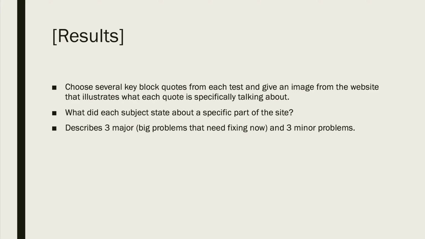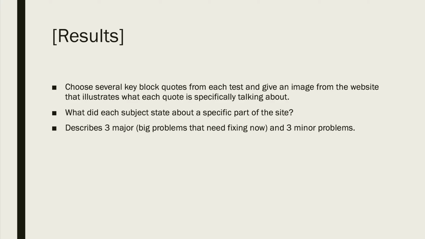This is why you use the think aloud, so you can get the verbal responses, and you need to include those verbal responses as well as a screenshot to demonstrate what the participant is looking at as they're going. And then be sure to include what the subject stated about the specific part of the site that you're referencing.